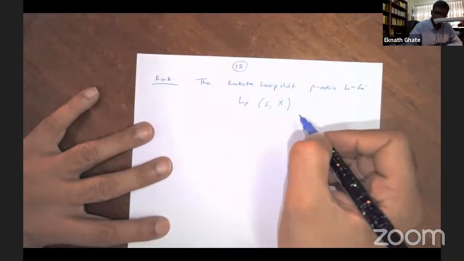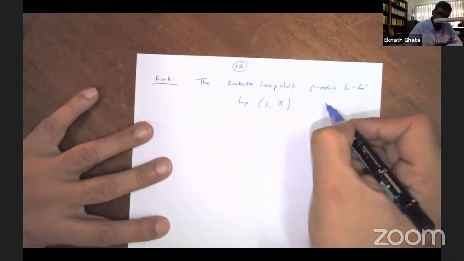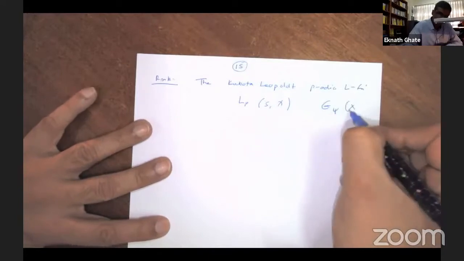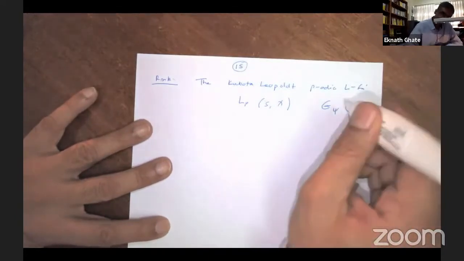Maybe I won't write notation down, because I actually want to work with the power series G_psi, or G_chi, maybe I called it.